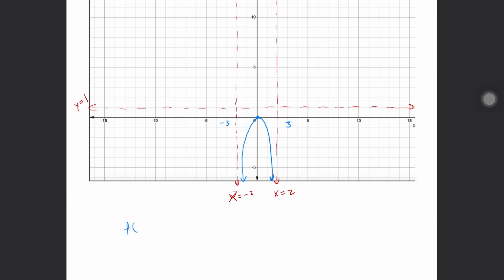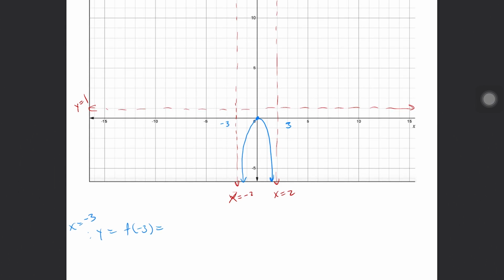So into the function, let's figure out what happens when x equals -3. That's going to give us -3 squared over -3 squared minus 4. This is from the original function, x squared over x squared minus 4.